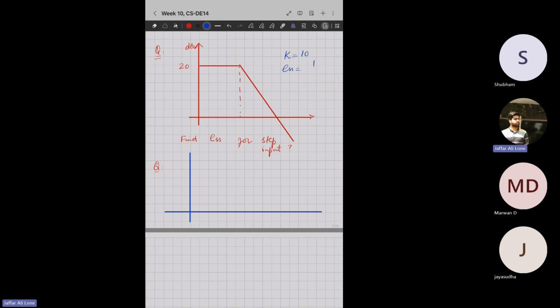Steady state error will be 1 by 10 plus 1, which is equal to 1 by 11. Okay, everybody, Shubham and Jayasudha, you are also able to solve it.